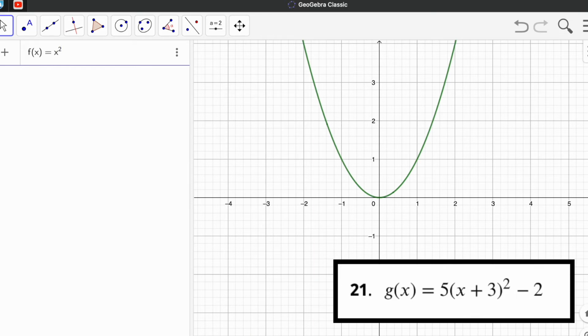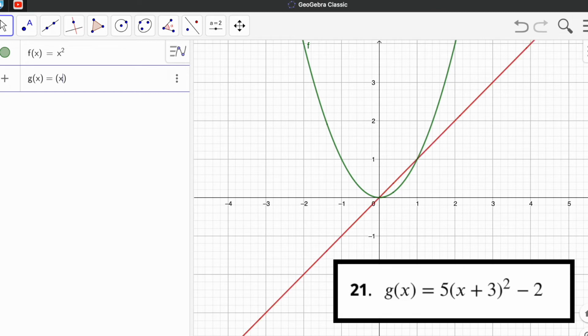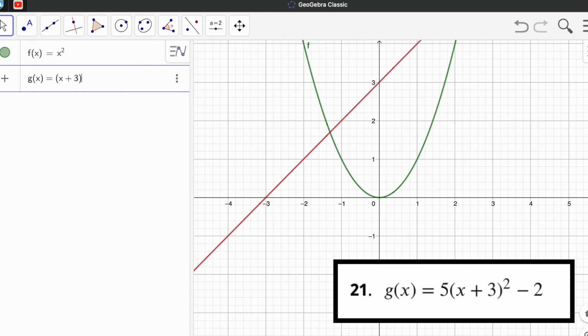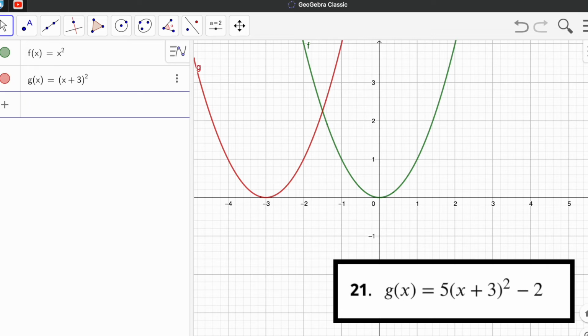So let's do the part inside first. What is that going to do? The x plus 3 is going to move it to the left. So let's show that. So we'll make g of x equal to x plus 3 squared. And you can see that the place where it turns, the vertex, is moved over 3 units.